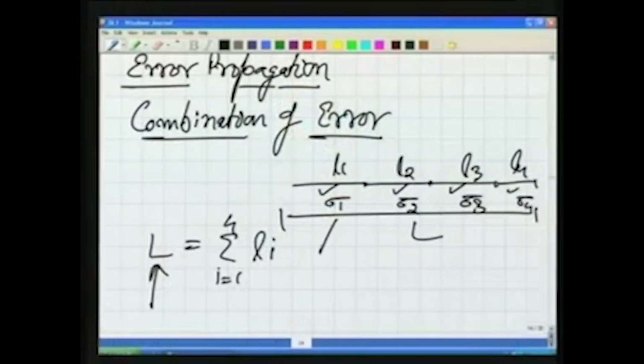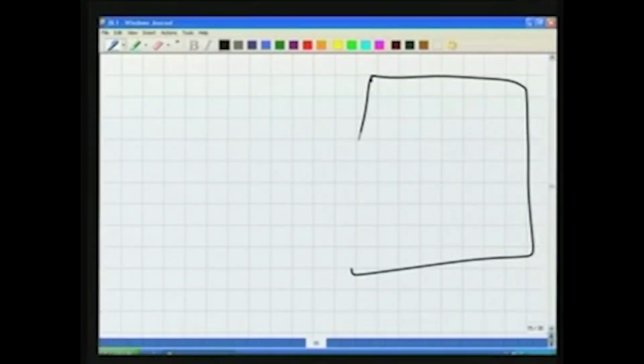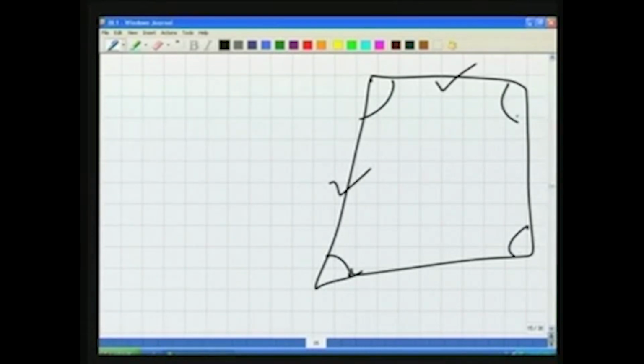What we are interested in finally is what will be the error in L, while we know the standard deviations of these individual ones, or what is the variance of this final computed value. Another example, you have a field, you find these angles as well as these lengths.